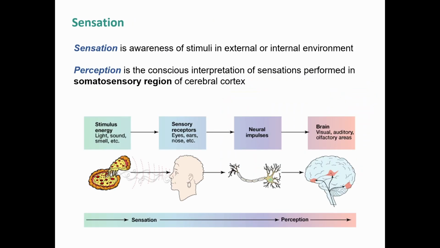So now we get to these two terms. I mentioned sensation and perception, and I've talked about those a little bit at this point, but we've been using these terms often. Sensation is really just the awareness that there is some sort of stimulus, either coming from the external environment or from the internal environment inside the body. You don't necessarily have a conscious awareness of this.